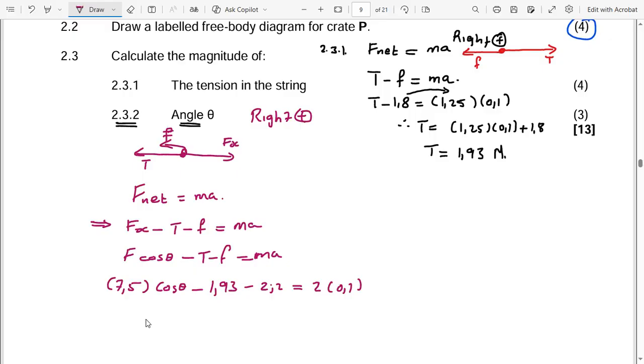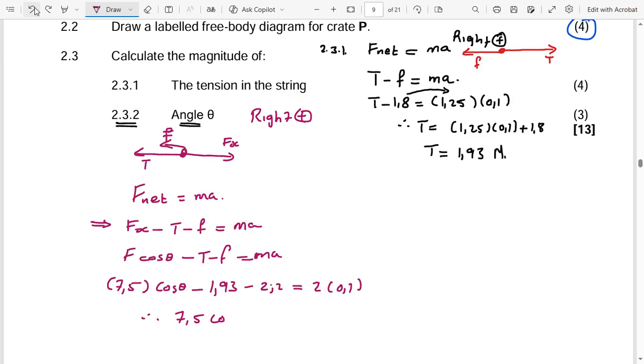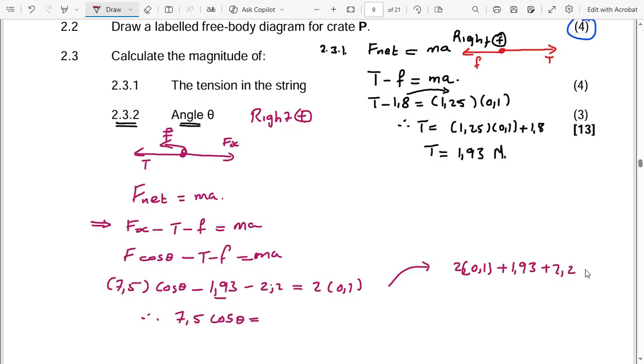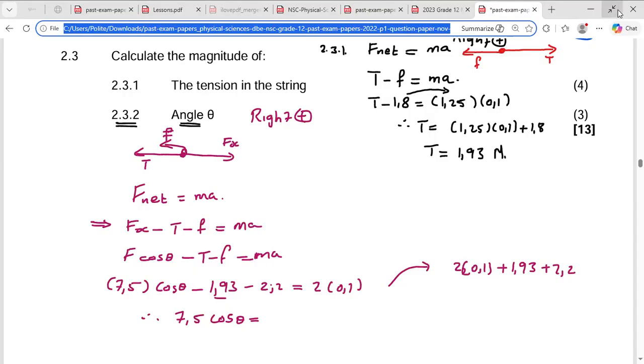Therefore, let me say 7.5 cos theta equals what? I take these two to the other side. So basically this will be 2 into 0.1, then we add 1.93, we add 2.2, and see what that equals to.